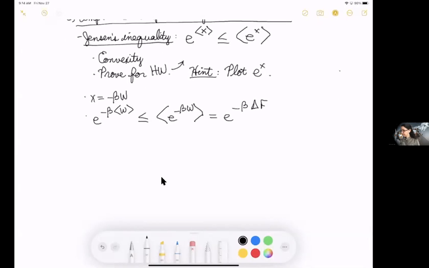We can take logs. Negative beta times the average work is less than or equal to negative beta times delta F. Then we divide each side by negative beta. We flip the sign of the inequality and find that the average work required is at least the free energy difference.